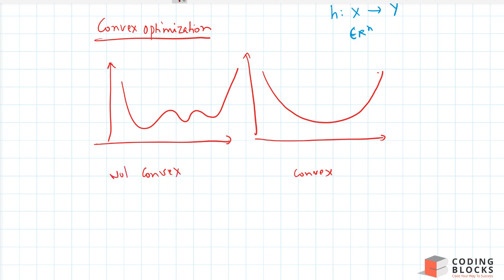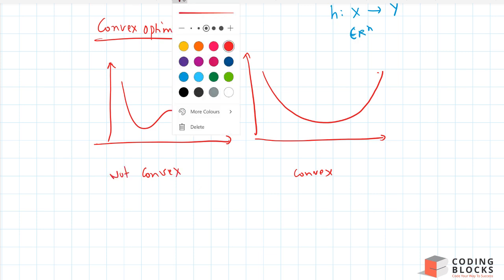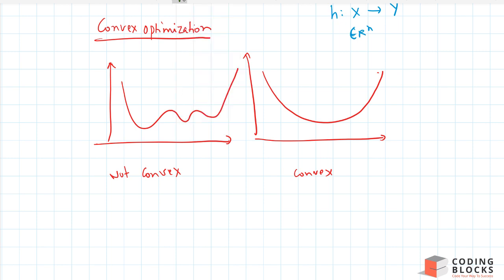What is the criterion? The criterion is that if you draw a line between any 2 points, the value of the function always lies below the line. So this line is always above this function, so it is a convex function.